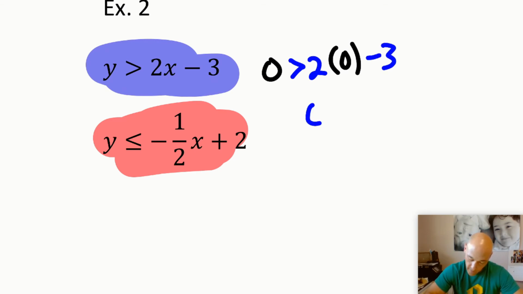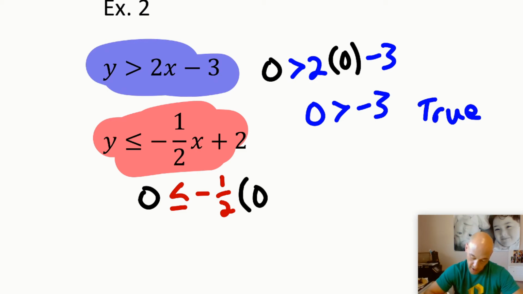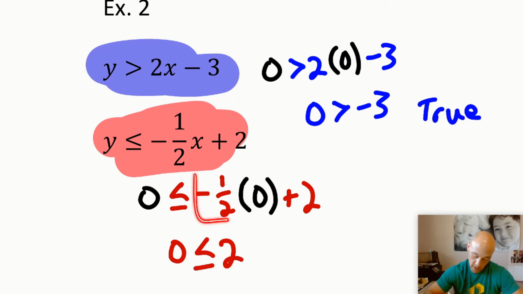So we have 0 is greater than -3, and that is true. And for the red one, we have 0 is less than or equal to -1/2 times 0 plus 2. So we get 0 is less than or equal to 2, because this makes a 0. And that is also true.